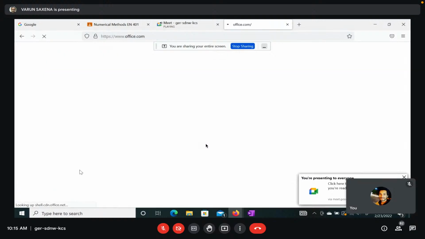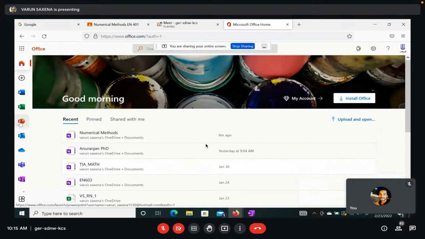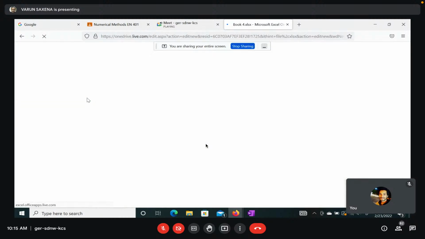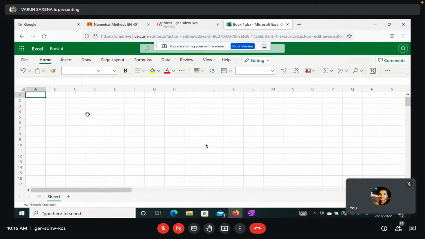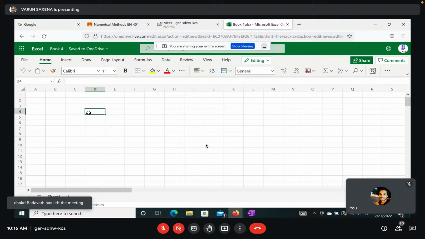So I'm opening up Excel, and this is just some Excel notebook that has opened. So I hope you can see this. Can anybody confirm that you can see the Excel notebook? Yes, sir. Yes, sir. Right. Thank you.